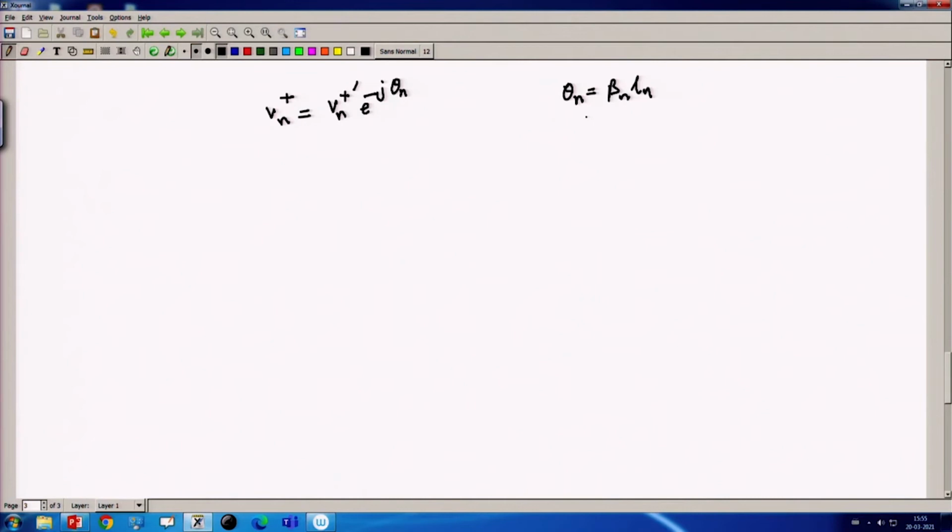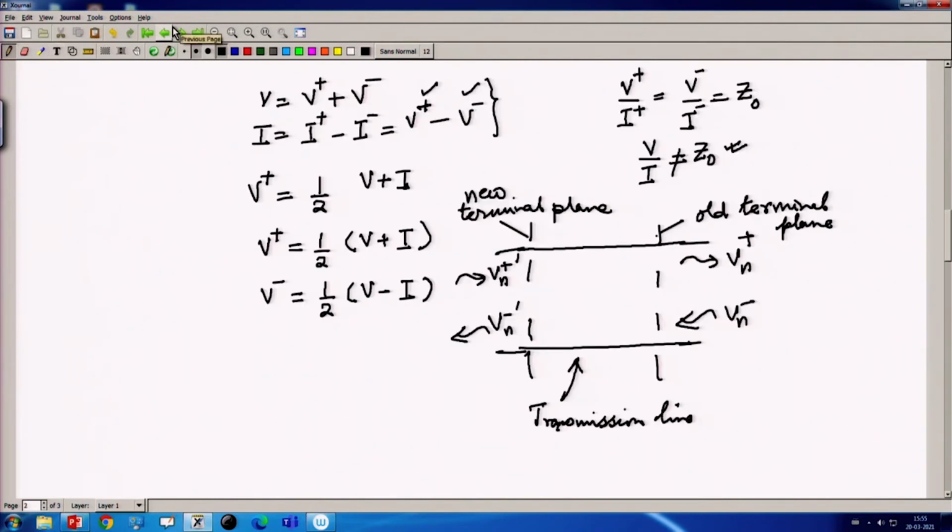So, theta n is the electrical length of the line, with ln the physical length.